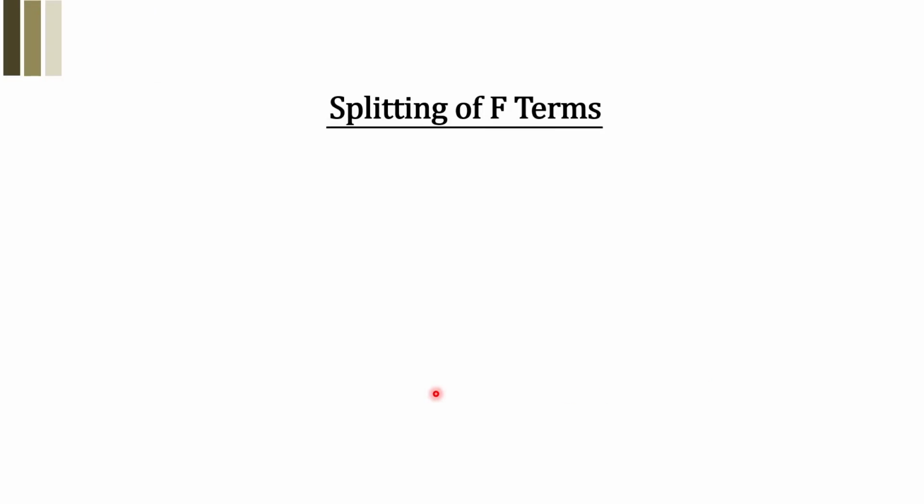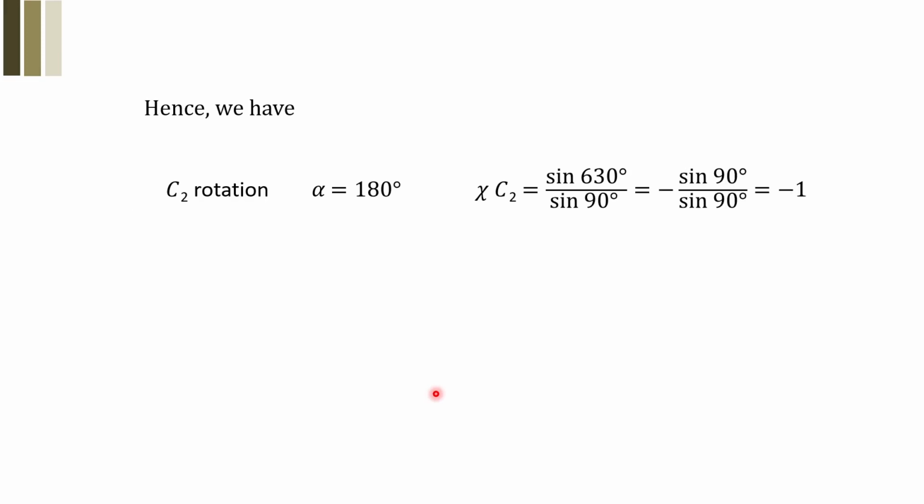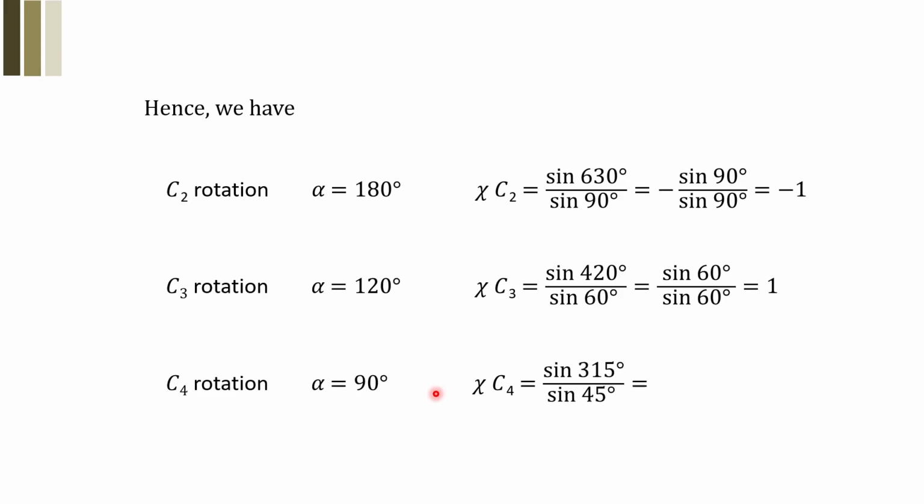Now when we assume that L is equal to 3, the characters of rotation are given by sine of (L plus half) alpha, that is 7 by 2 alpha, divided by sine alpha by 2. Once we are done with this, we put the various values of alpha, that is 180 degrees, 120 degrees, and also 90 degrees for C2, C3 and C4 rotations, which ultimately yields the values of -1, 1 and -1 respectively.